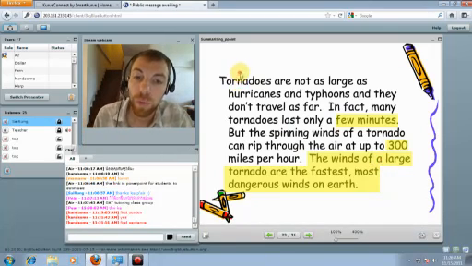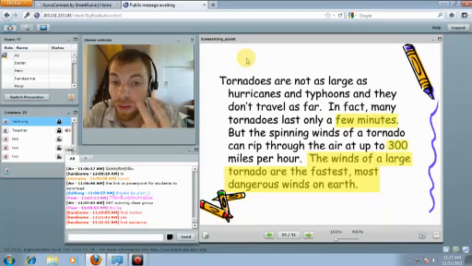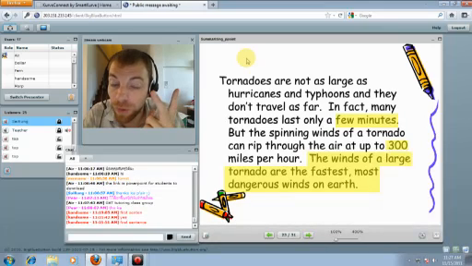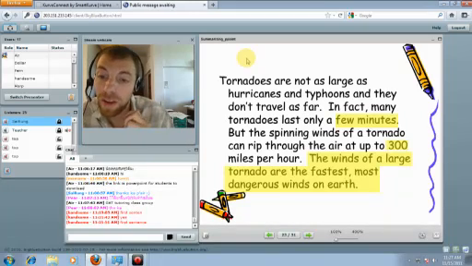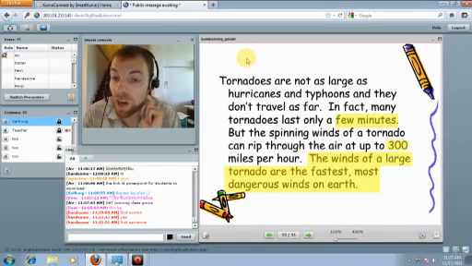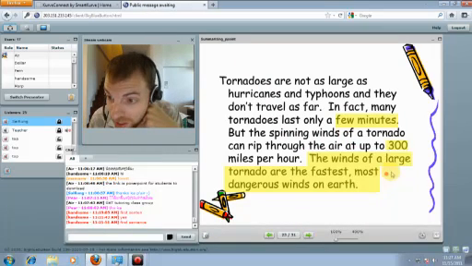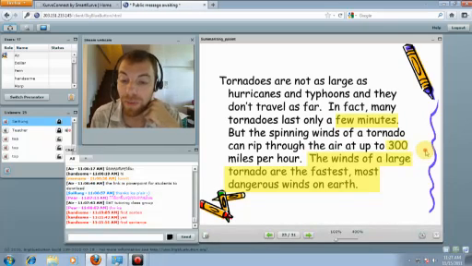So, we learned about dust devils and hurricanes, and hurricanes are very strong, very big, but tornadoes are even faster. A hurricane wind, the most is 150 miles per hour. Very strong. But tornadoes are 300 miles per hour. So 2 times as fast.